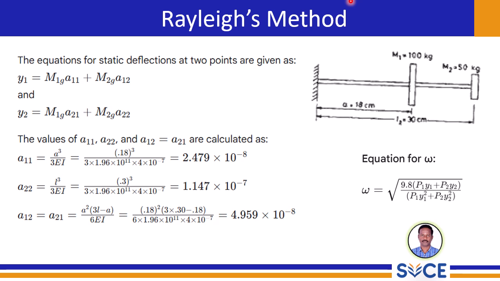So finally we use the equation for fundamental natural frequency that we derived earlier. Remember, it involves acceleration due to gravity, that is 9.81 meter per second square, weight P, and static deflection Y. So we first calculate static deflections Y1 and Y2 using the flexibility coefficients.